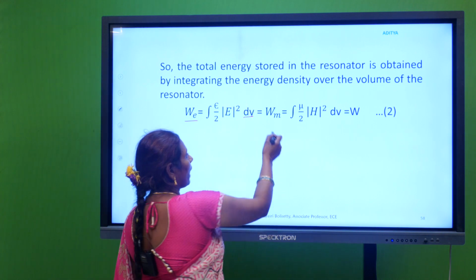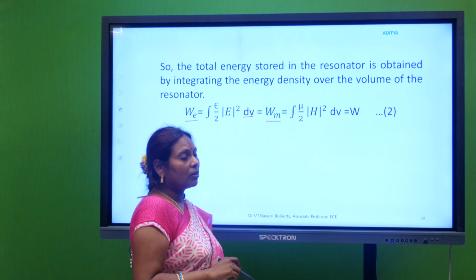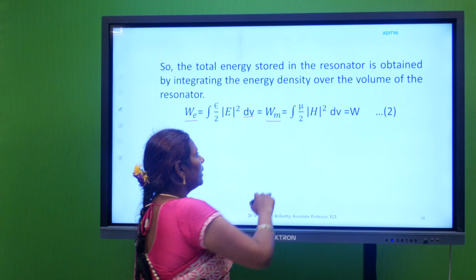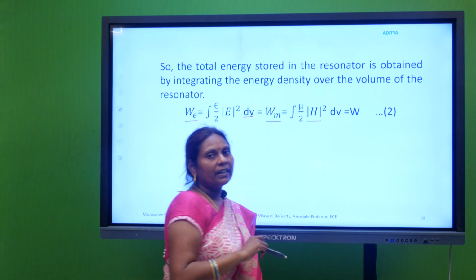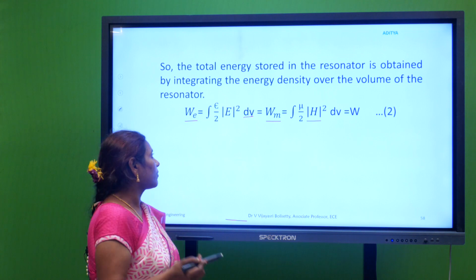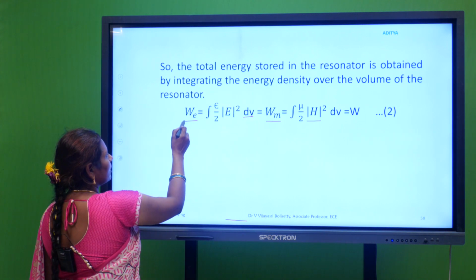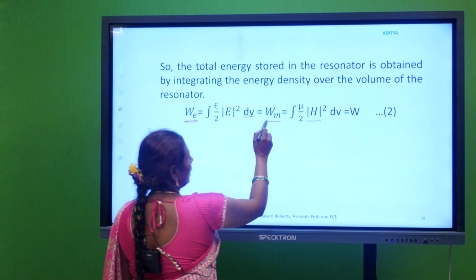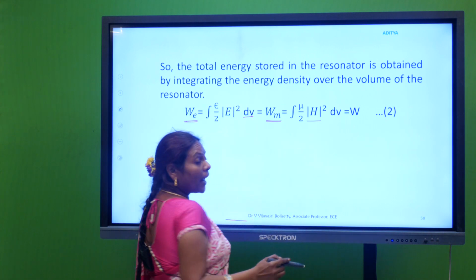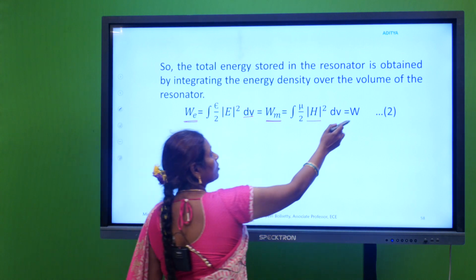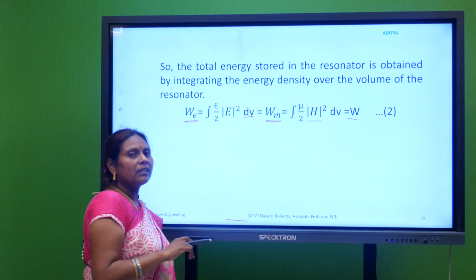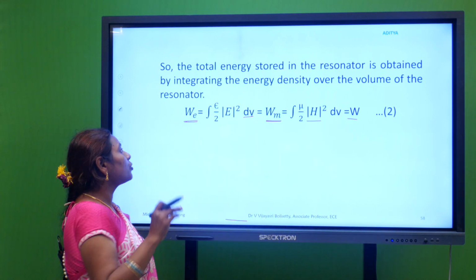The magnetic energy is similarly defined as Wm in terms of the magnetic field intensity magnitude square, H square. In this definition, the electrical energy stored and the magnetic energy stored at resonant frequency are always the same, and let us consider it as the total energy stored.